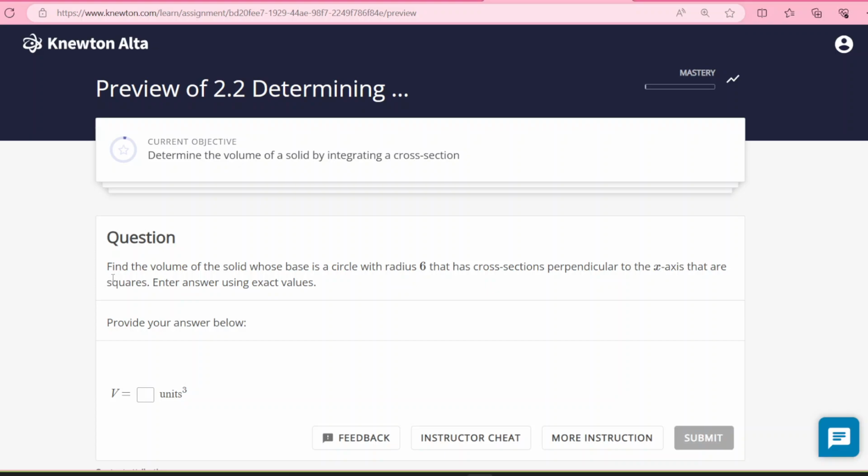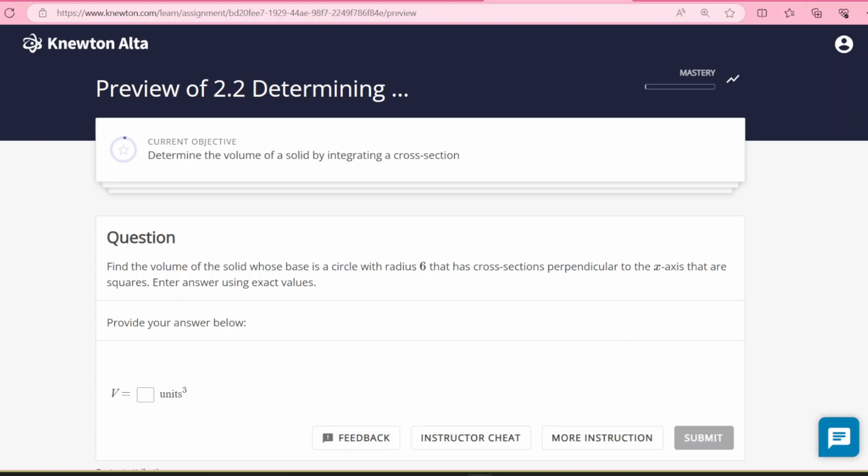All right, so this is find the volume of the solid whose base is a circle with a radius of 6, and has cross sections perpendicular to the x-axis that are squares again. Give the exact values once more.